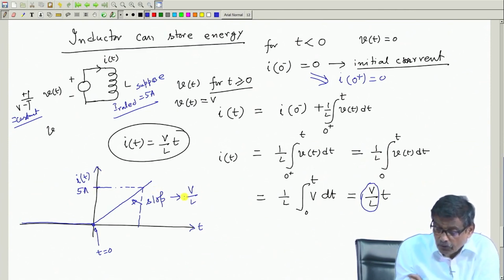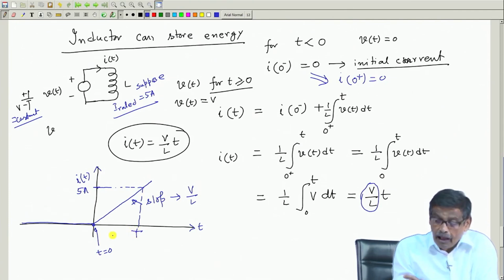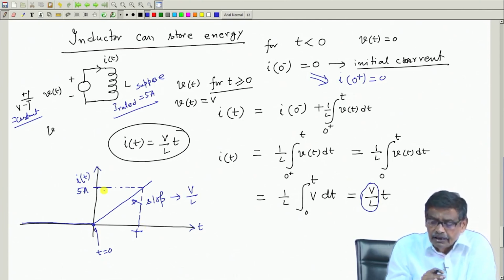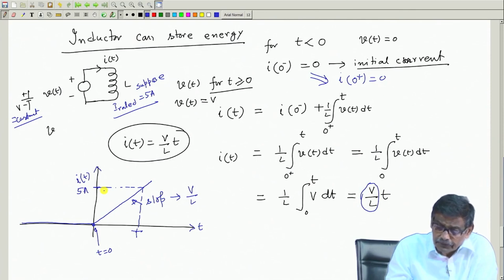For 5 ampere, you know V by L, you will be able to calculate what is the value of t. Up to this time, from 0 to t, if you connect the constant voltage, the current will rise from 0, it will reach 5 ampere, then take protective action.